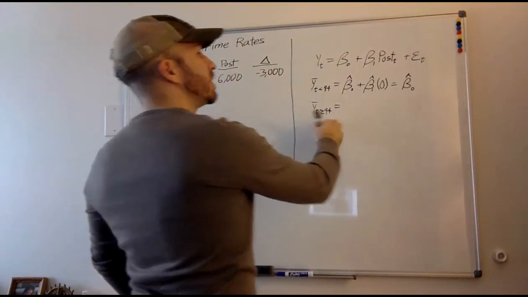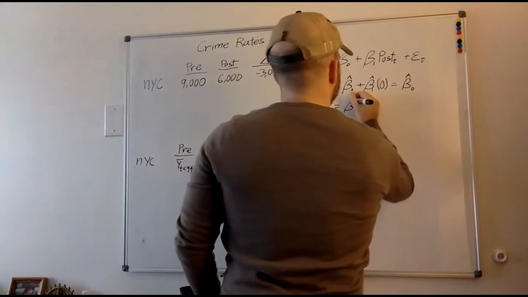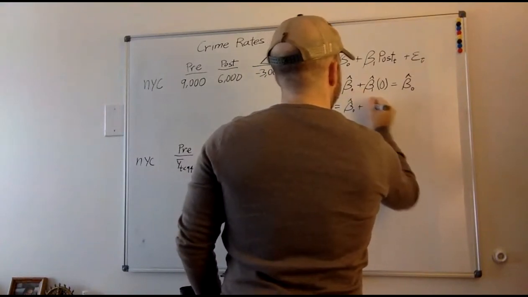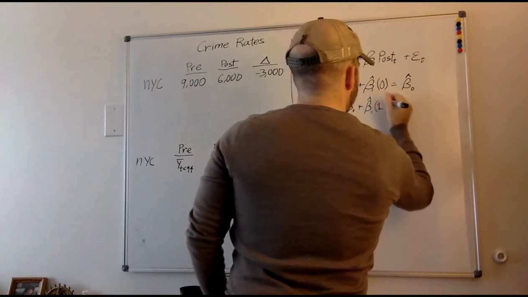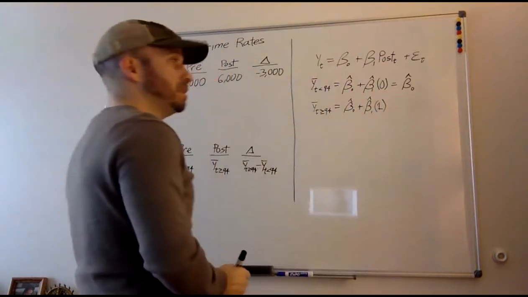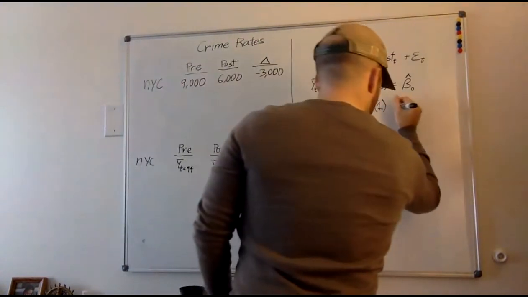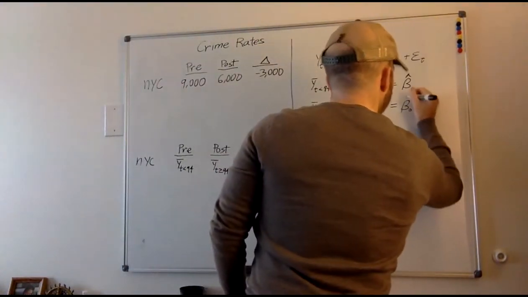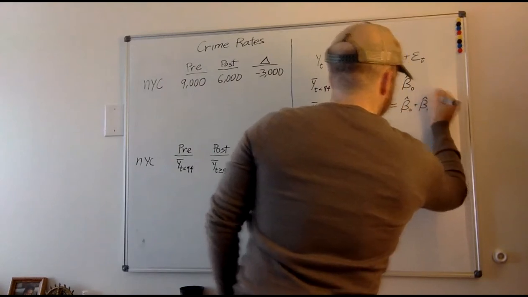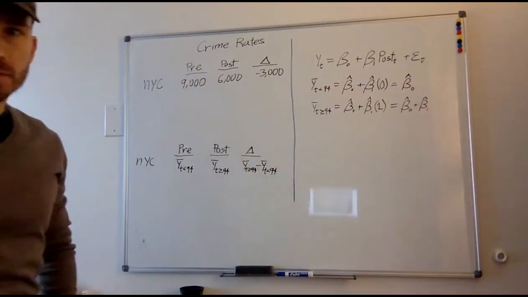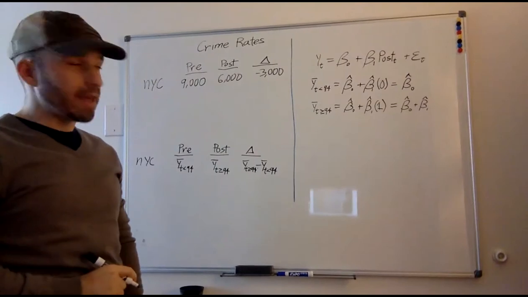And for T greater than 94, it's beta naught plus beta 1. Now Post is equal to 1. So that's beta naught hat plus beta 1 hat, hat on both, that is.